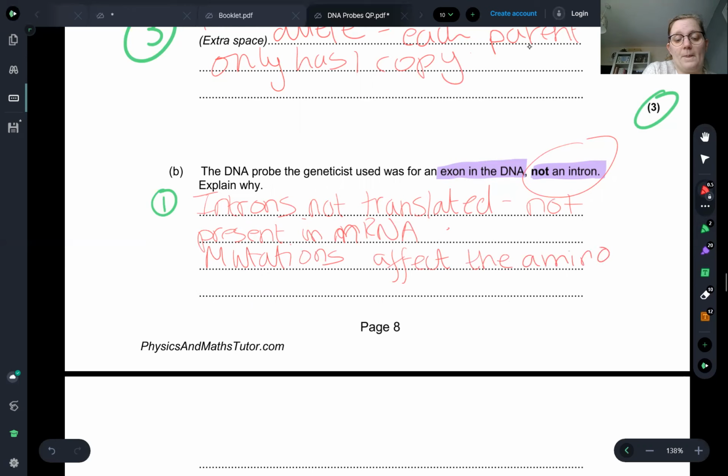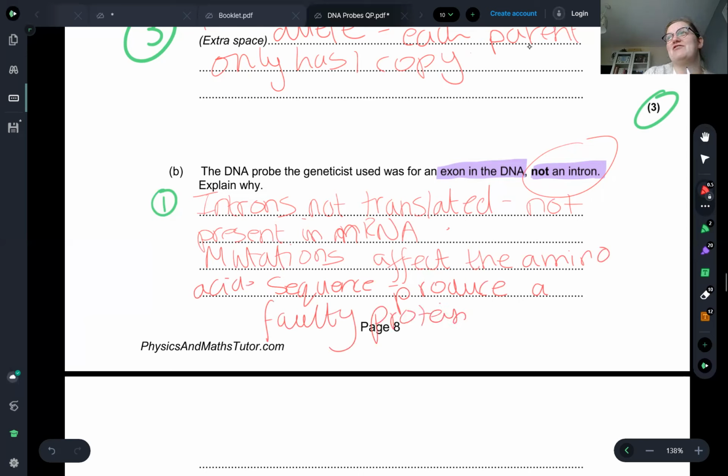And it's going to then go on to produce a faulty protein. That protein is going to be faulty because we've had a deletion mutation occur. So that is going to be a frame shift change, everything after that deletion has changed. All those amino acids afterwards would change.